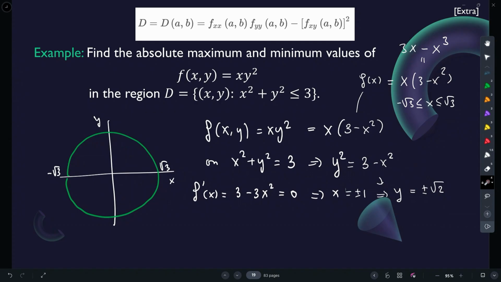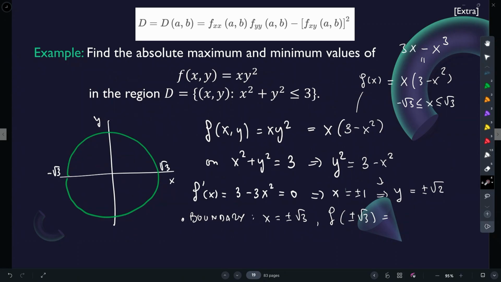And again, I don't have to classify, is this a local min, is this a local max for this graph of one variable? These are, again, some critical points, and I have to check what happens at the boundary and what happens at these points. So let's see, at the boundary, that's when x is plus or minus the square root of 3, f of x is, plug in the square root of 3 here, the square root of 3 minus that square root of 3 squared will give me 0.